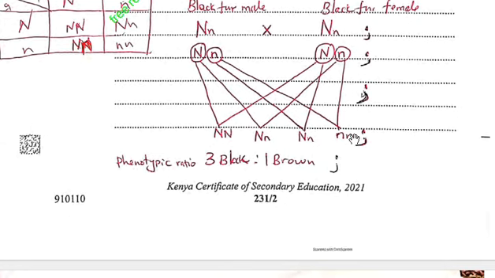This one is brown. We're saying this one is black simply because this gene for black color is dominant over this gene for brown color, which is recessive. So the phenotype or the outward expression, this one will be black and black. This one will be brown. The ratio will be 3 black to 1 brown.